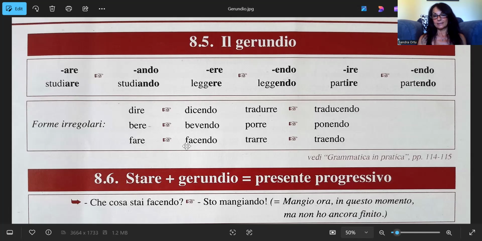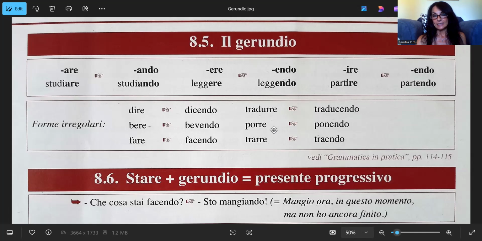These three obviously are quite important, especially fare, facendo, when you're asking what are you doing? Facendo, you are going to use it quite a lot, exactly like you do in English. What are you saying? Che cosa stai dicendo? Exactly the same, saying, dicendo.